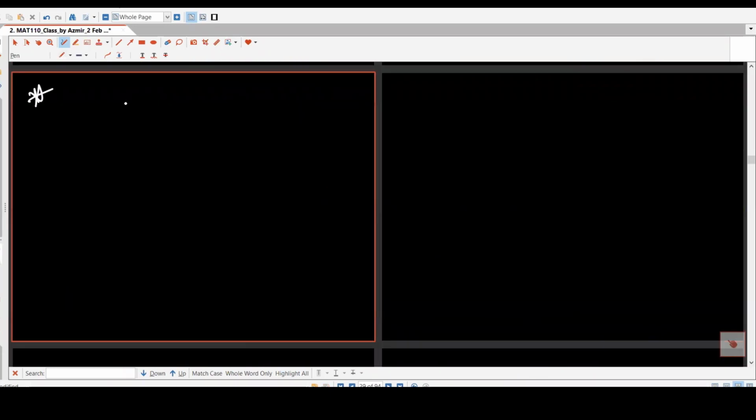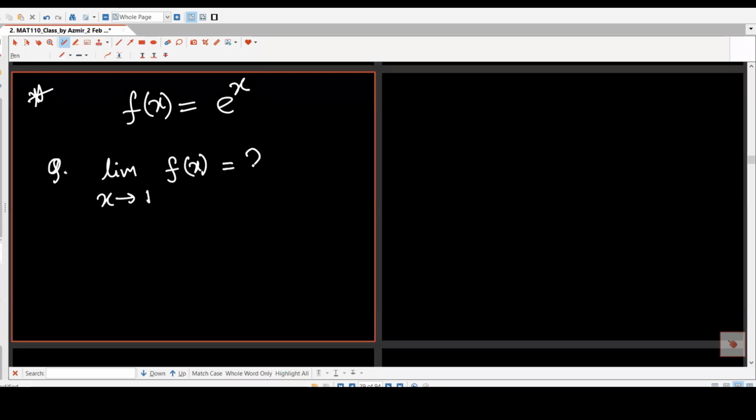Suppose we have a function f of x equals e power x. We are trying to evaluate, let's say, the limit as x tends to 1 of f of x. What will be the limiting value of this function? Or the question may be, check whether the limit exists or not.